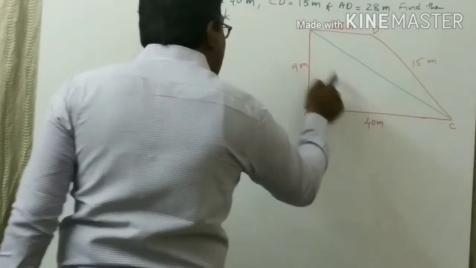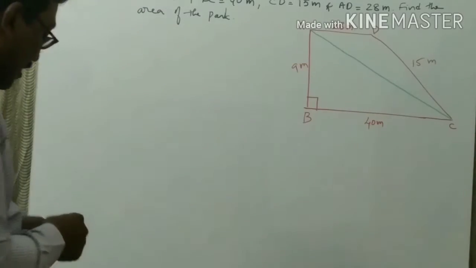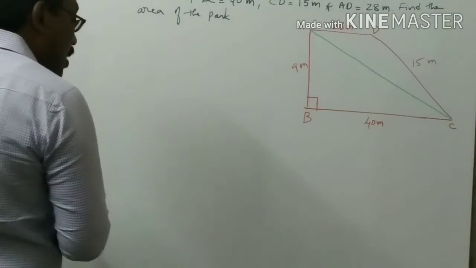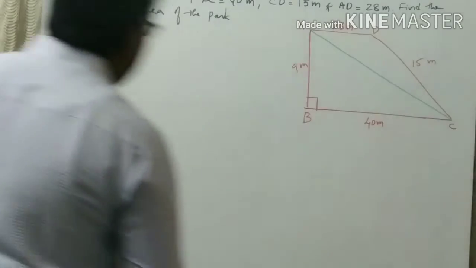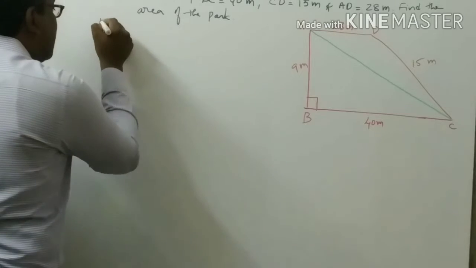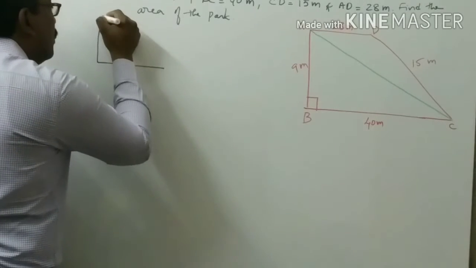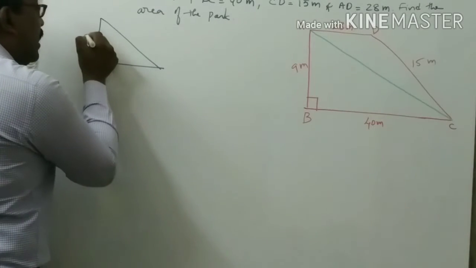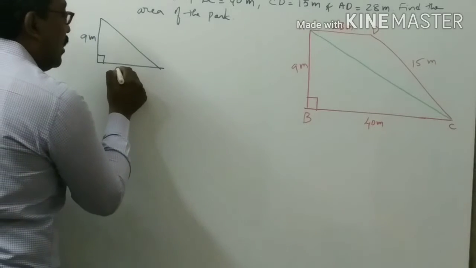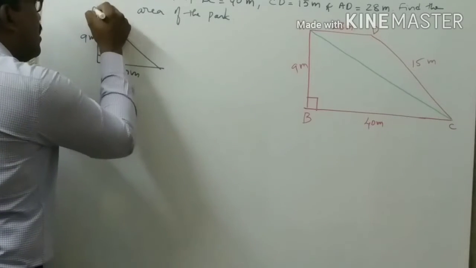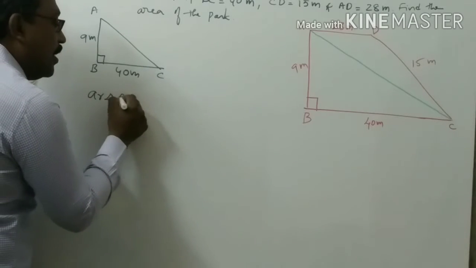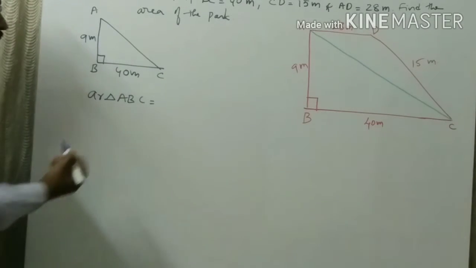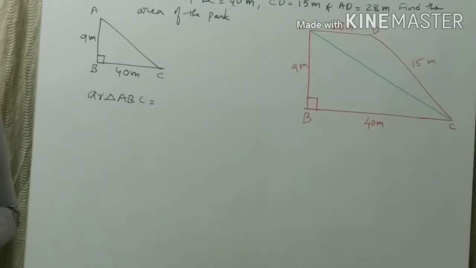Of course, one is a right angle triangle. Very good. Now, that right angle triangle has sides, one is 9 meters, the other one is 40 meters. Area of triangle ABC, right angle triangle formula.